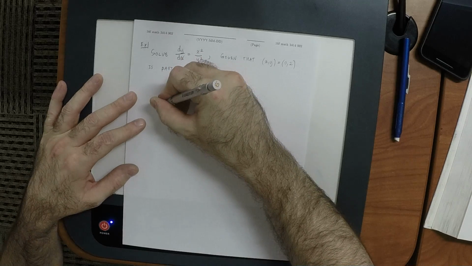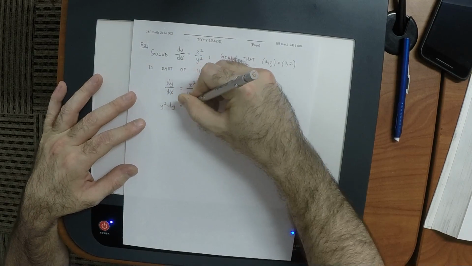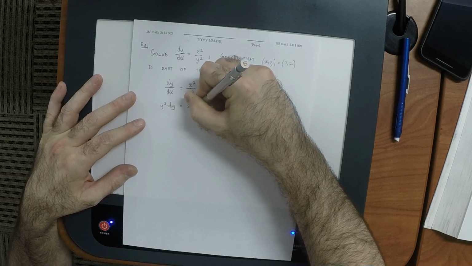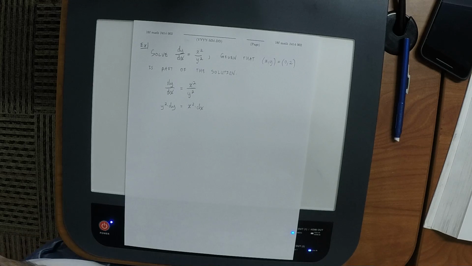Okay, so it comes to this place. So y squared dy is x squared dx. So now we've performed a separation.